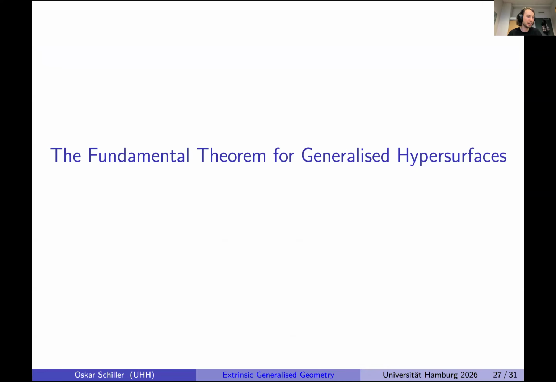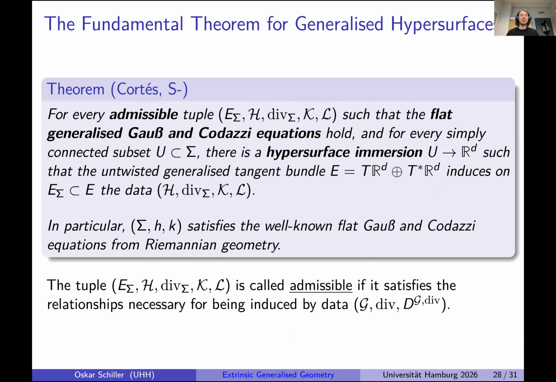Okay, and then I actually have 5 minutes to explain to you the fundamental theorem for generalized hypersurfaces. So for the fundamental theorem for generalized hypersurfaces, we consider an arbitrary admissible extrinsic geometry. What does admissible mean in this context? So it's at the bottom of the page if you're looking for an explanation.